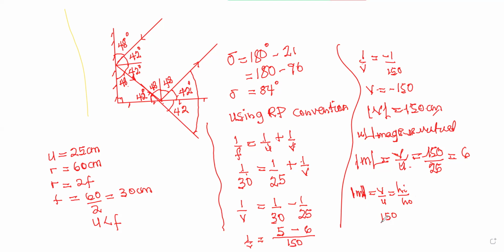So 150 divided by 25 is equal to the image height, which we are looking for, divided by the object height. We are to determine the height of the image if the object is 30 centimeter. So HO is 30 centimeter.